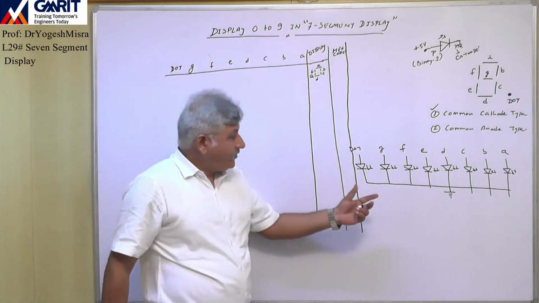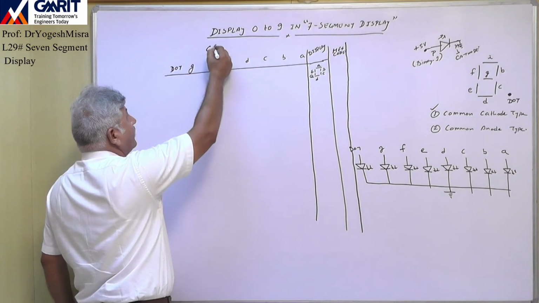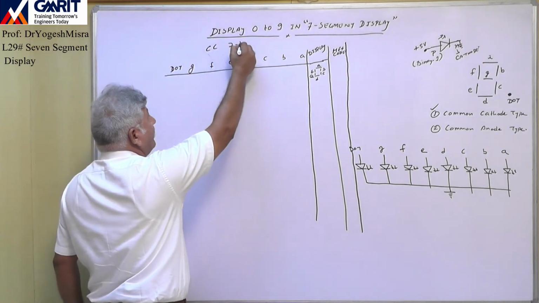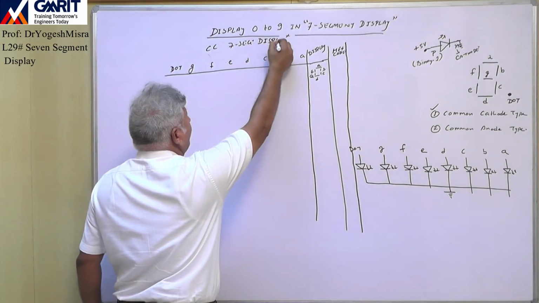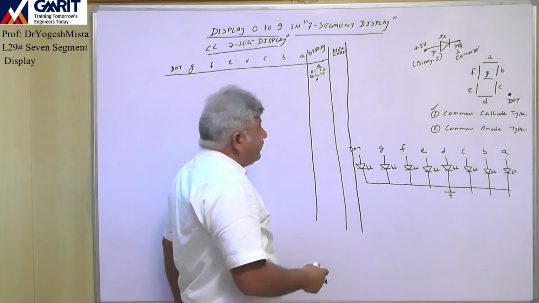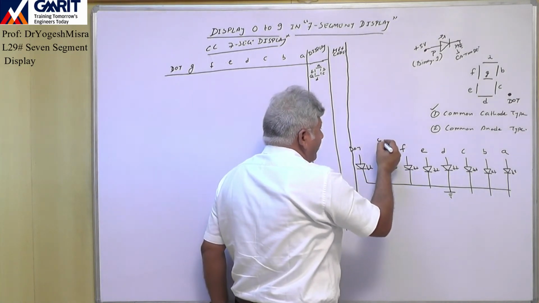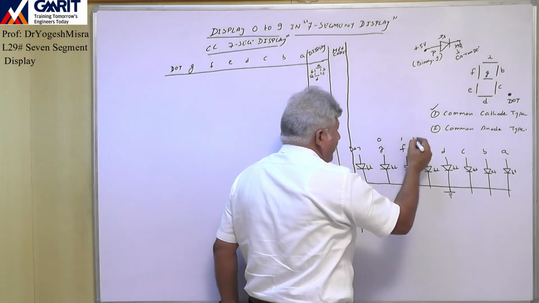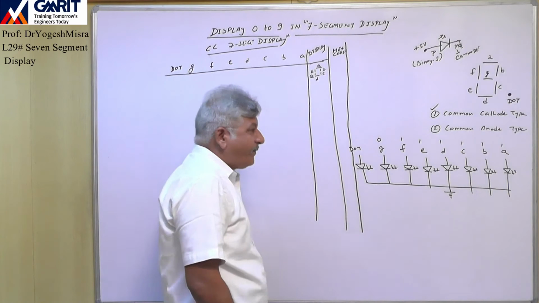So now since this is a common cathode 7 segment display, at the G terminal we have to send binary 0, and at the remaining ones, 1, 1, 1, 1, 1, 1, we have to send this value.